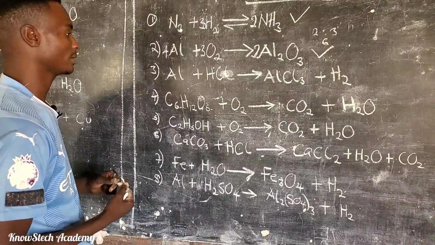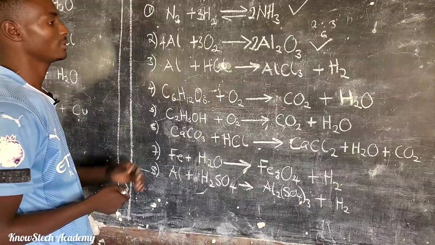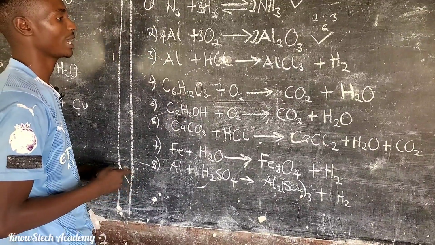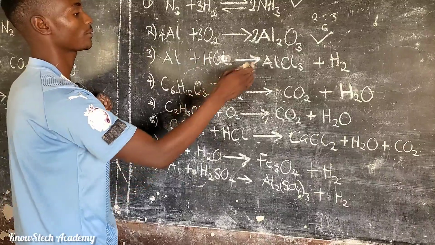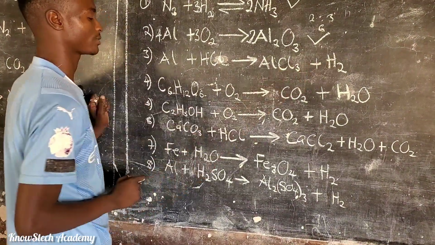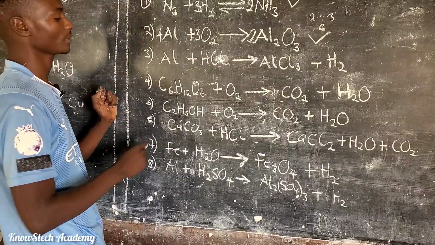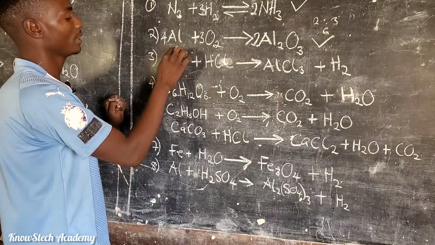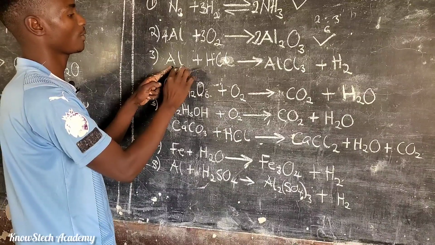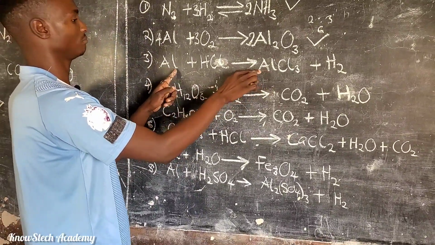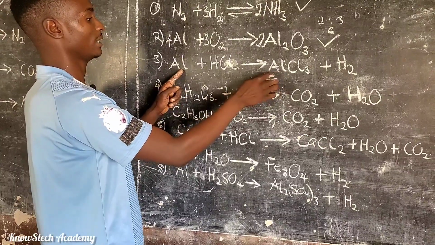The third equation, we have aluminum reacting with hydrochloric acid to form aluminum chloride and hydrogen gas. So this aluminum here, the number of atoms of aluminum we have is 1, and the number of atoms of aluminum here is also 1, so it's balanced.